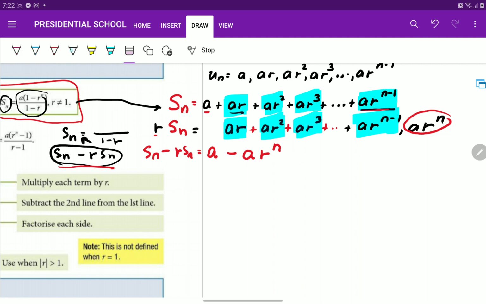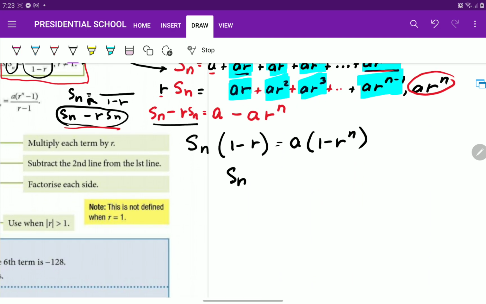All right, and take a look that what we're looking for is S sub n. The S sub n here is common, so S sub n times 1 minus r is equal to a, which is common, a times 1 minus r to the n. All right, so therefore S sub n is equal to a times 1 minus r to the n all over 1 minus r.